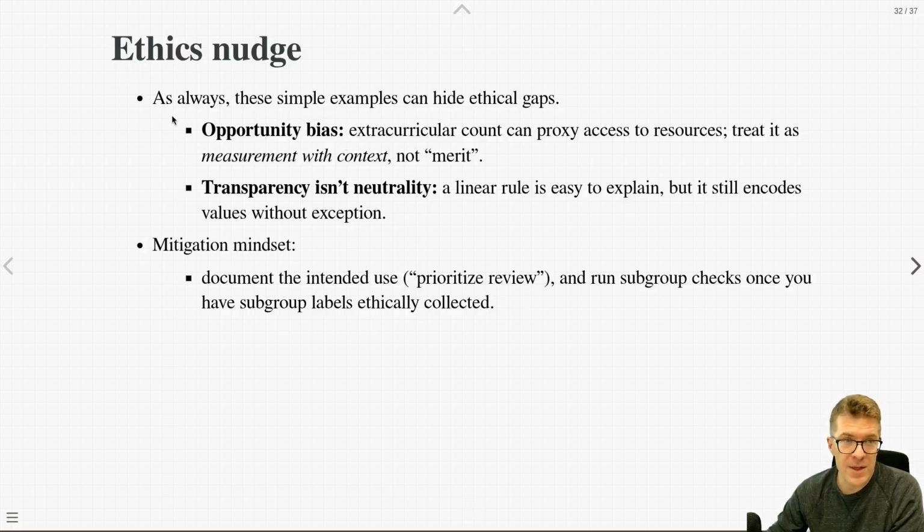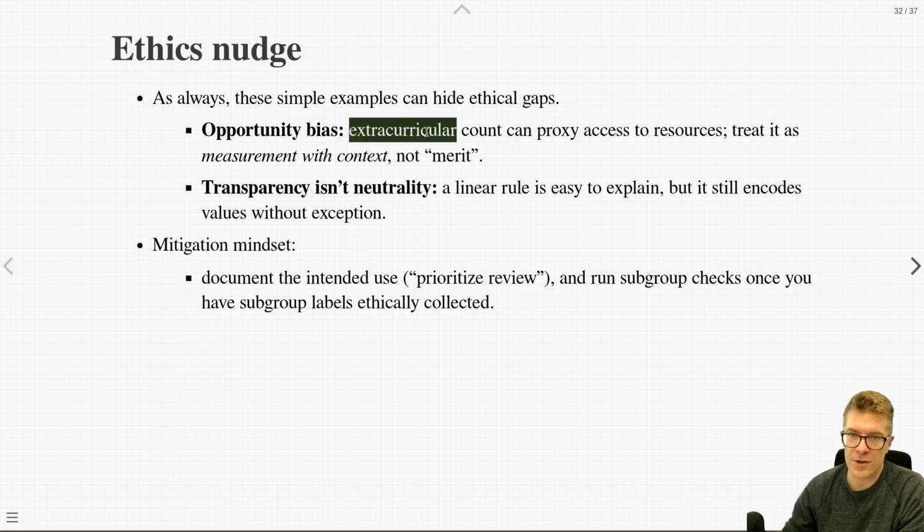Again, ethics comes in. All of this hides ethical gaps. So we've treated this as just a use case that makes sense. But what happens with these measures we're using? Extracurriculars can be a proxy for resources. The high school a student comes from could have had a ton of resources to support students.